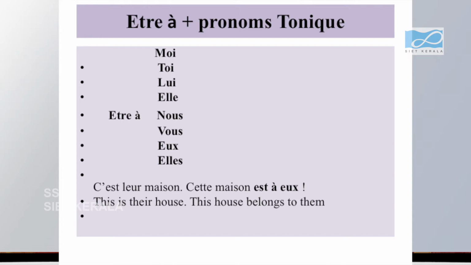Now you want to say this is your house. So it could be c'est ta maison. It is your house. Cette maison est à toi. So there are two ways. You make use of the possessive adjective before the noun, or we could construct a sentence where we write the noun using any other adjective.